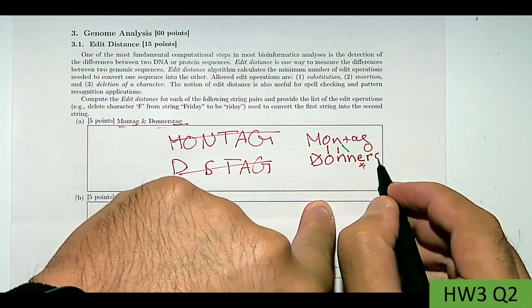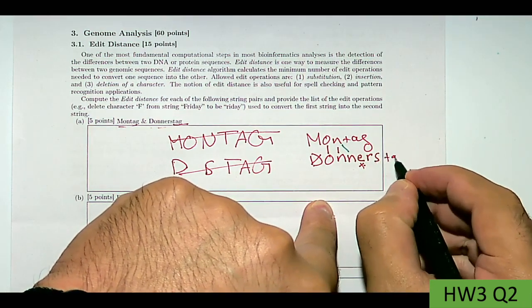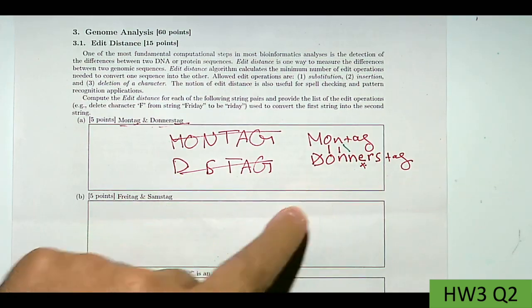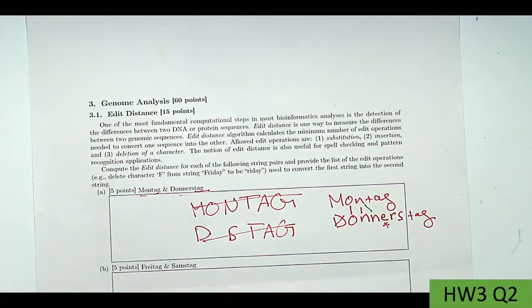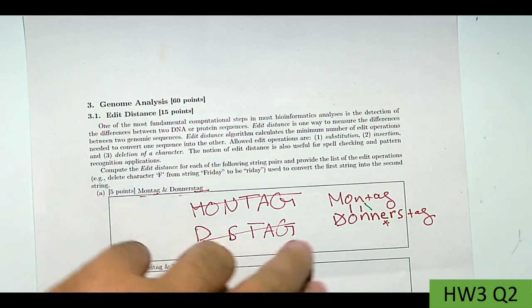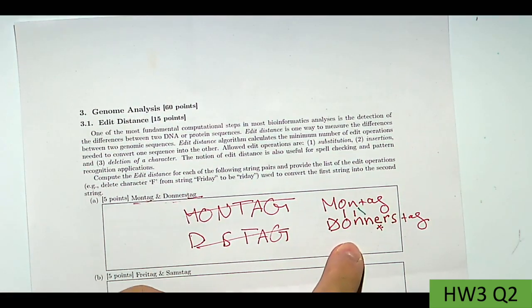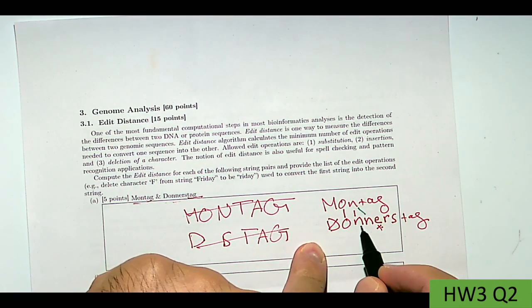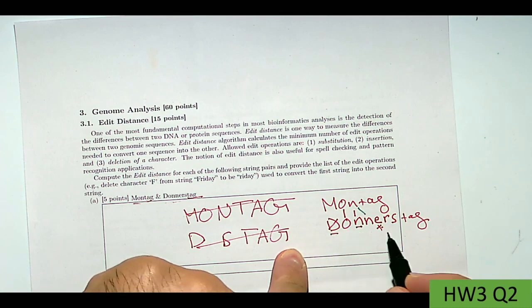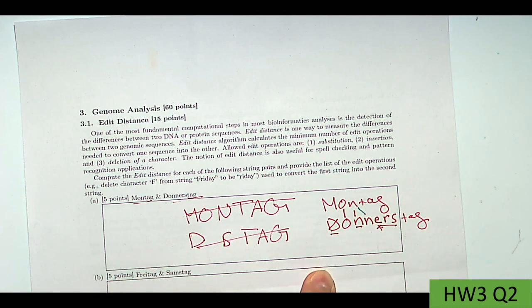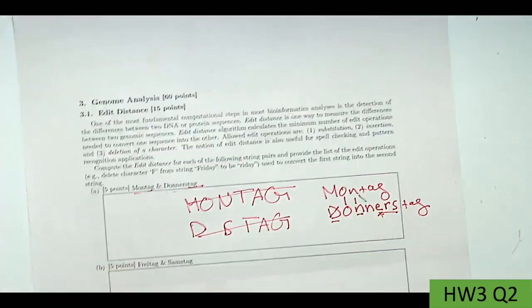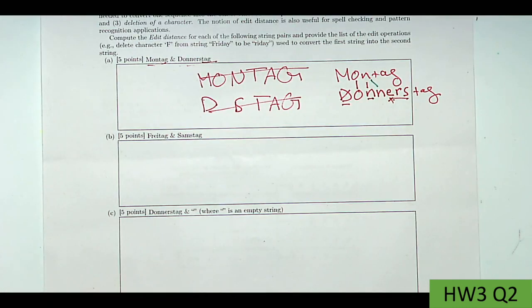And we have the S, and then we have the tag. So how many edit operations did we do here? We did 5. Five deletions from here, 1, 2, and another 3 here. Or you could do 5 insertions to the other sequence. Okay? Any question? Yes?